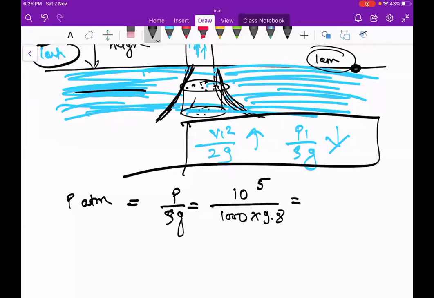How much is it coming to? What is the value coming?